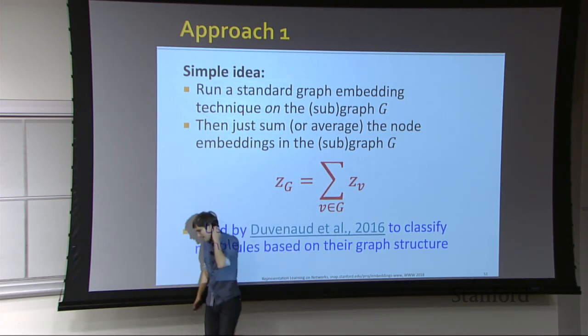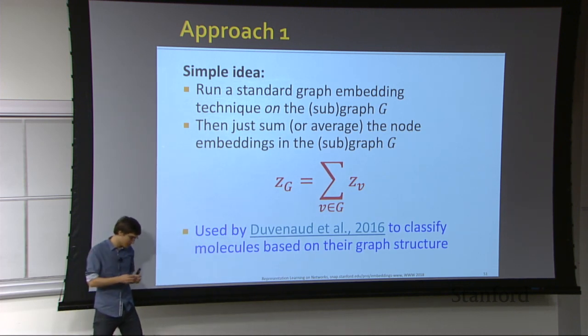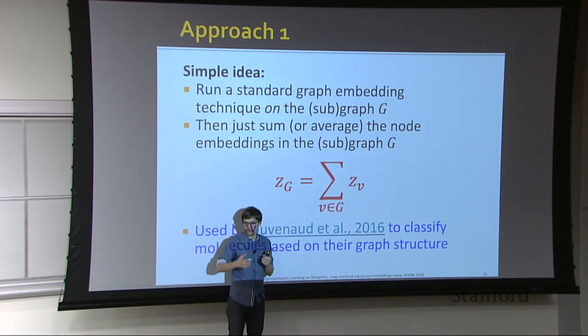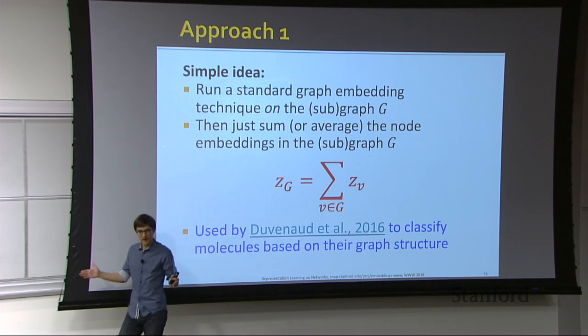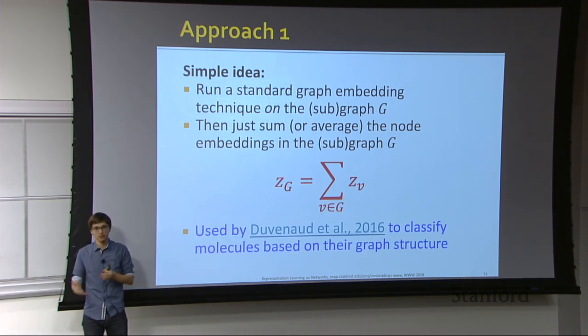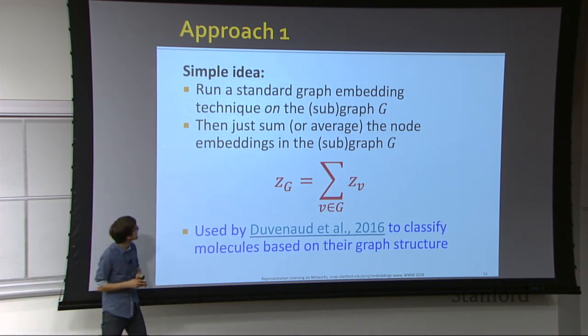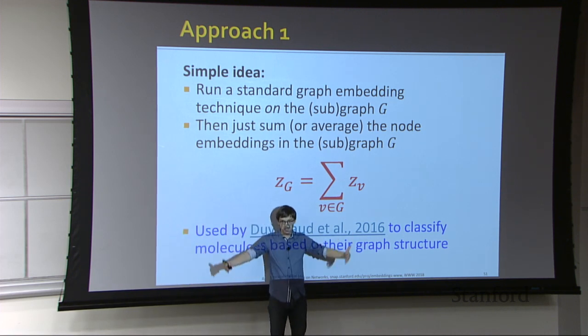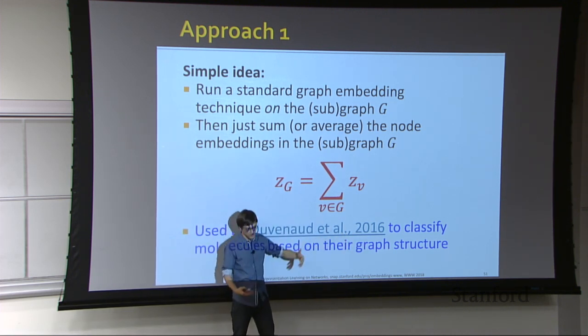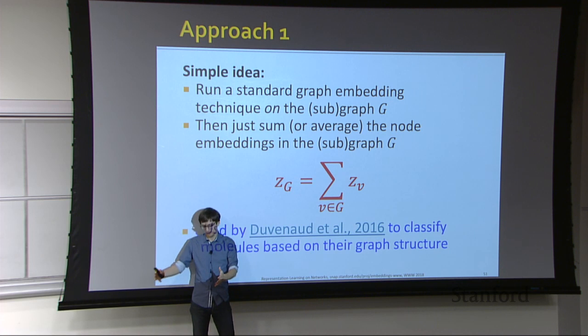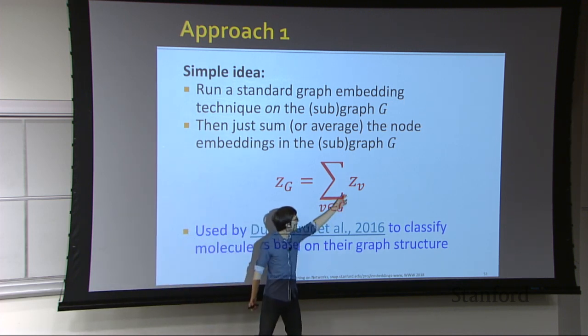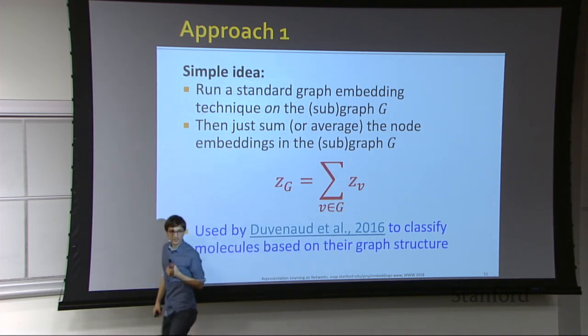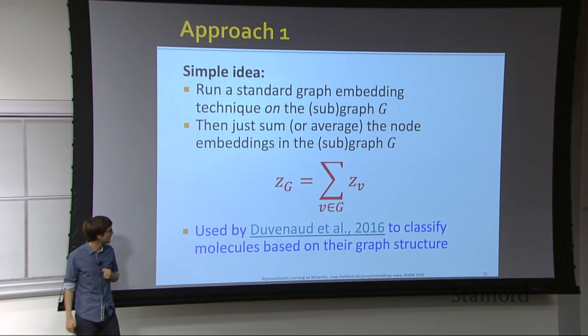This is very similar to what they do in language, where they come up with the embeddings of individual words, and now if they want to have an embedding of the document, they just sum up the words that are in the document. So here we are doing something similar. We say, let's embed the entire graph, and now the embedding of the subgraph or the entire graph itself is simply the sum over the embeddings of the individual nodes.